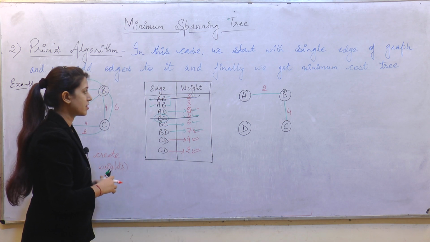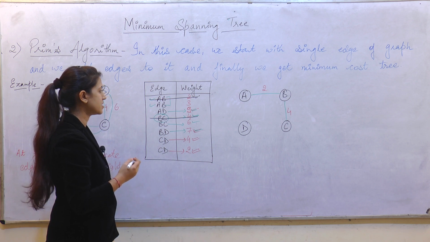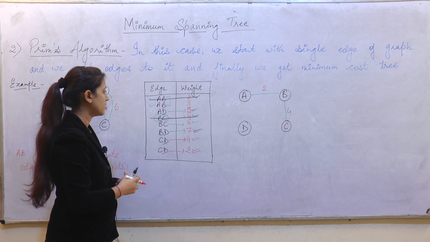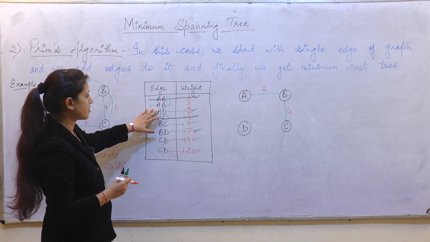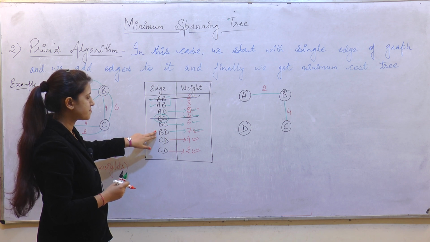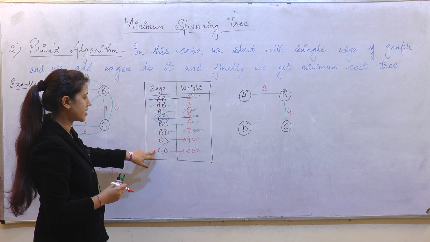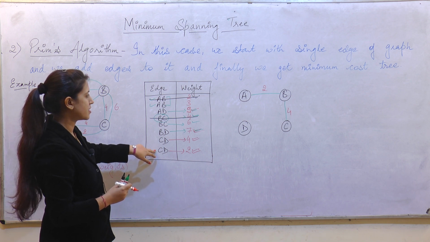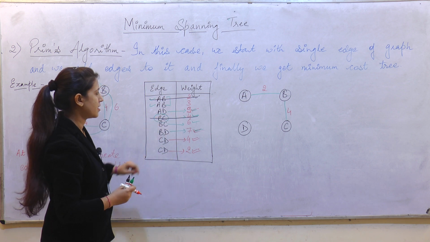So from the given options we have to select the edge which gives us the minimum weight. We have the first option A to D which gives us weight 9, the second option C to D which gives us weight 4 and 2 respectively, and the third option B to D which gives us 7.